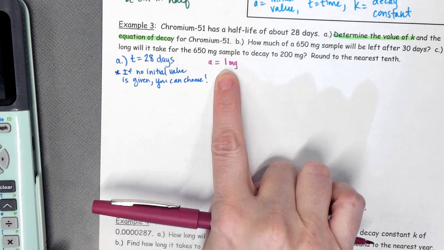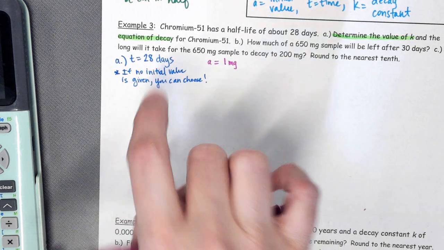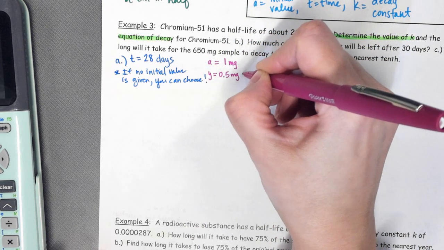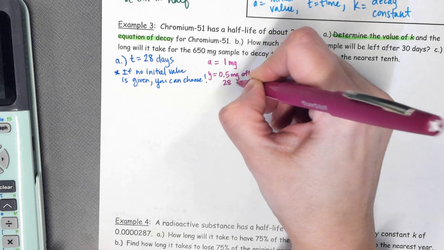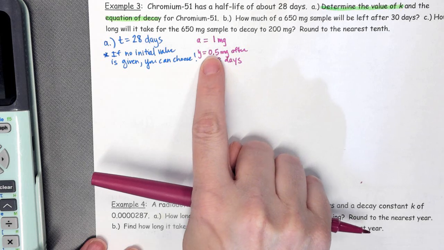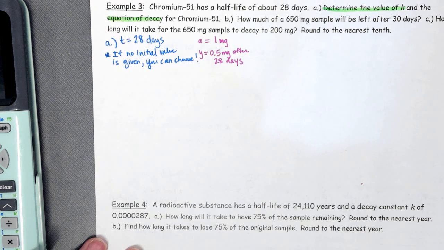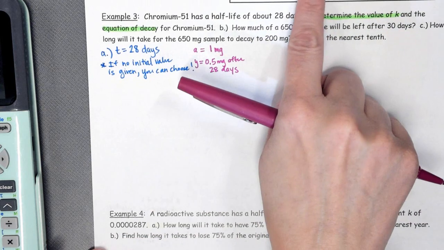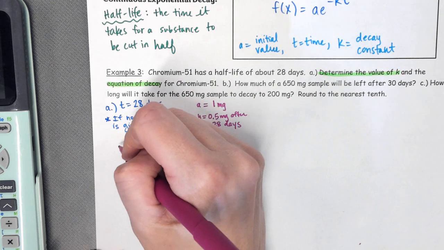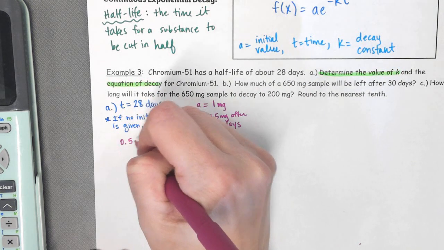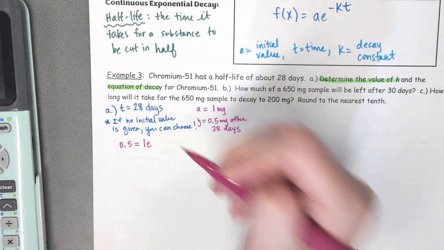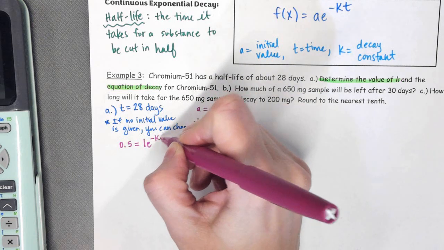So if I start with 1 milligram, after 28 days, how much do I have remaining? Yep. Okay, so if I choose 1, then I know I'm going to have half after 28 days. So if I plug that into my equation, then I know I have 0.5 or 1/2 equals, my initial value is 1, e to the power of negative k times 28.